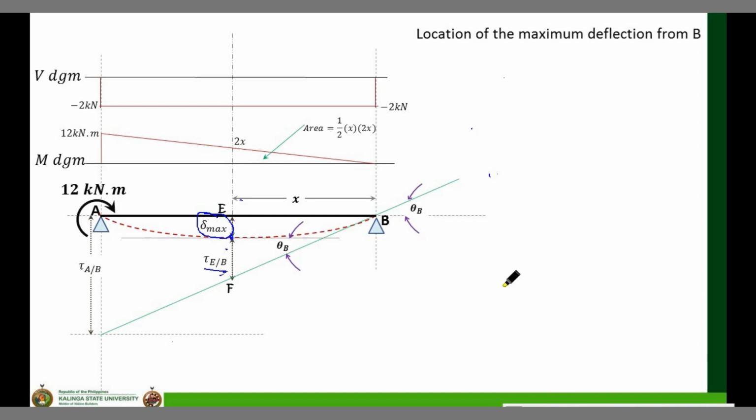So again, like what we did in the previous deflection at point C, I can get the maximum deflection as long as I know the distance EF. So I'm going to use the slope at B.